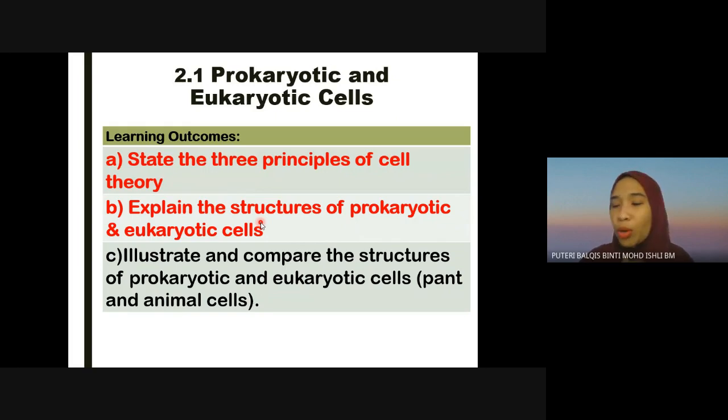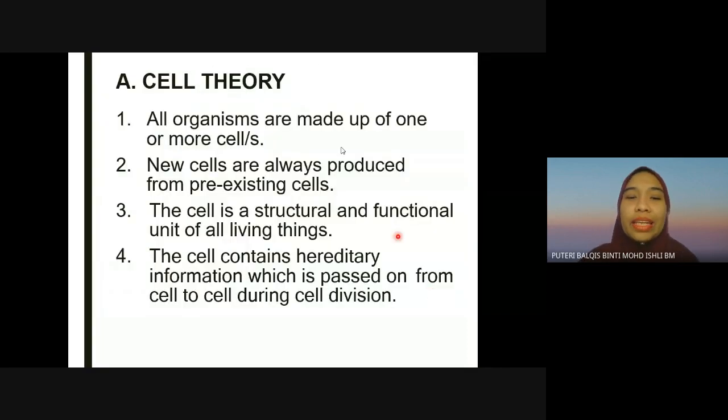Prokaryote ni pernah jumpa ke masa SPM dulu? Jumpa sikit je, madam. Oh, sikit saja. Illustrate kena tahu lukis. And compare: similarities, differences. The structure of prokaryotic and eukaryotic cell, plant and animal cell. Okay, so cell theories.